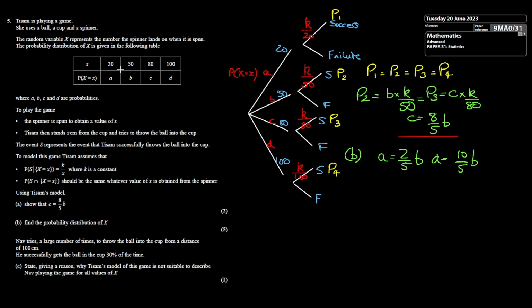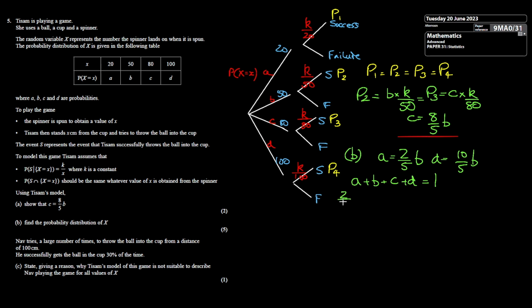Well, because the spinner has got to land on something, I can say that A plus B plus C plus D must equal 1. So if I substitute my values for A, B, C and D all in terms of B, I will get an equation in B and I'll be able to work that value out. Having worked that value out, I can get all the rest.